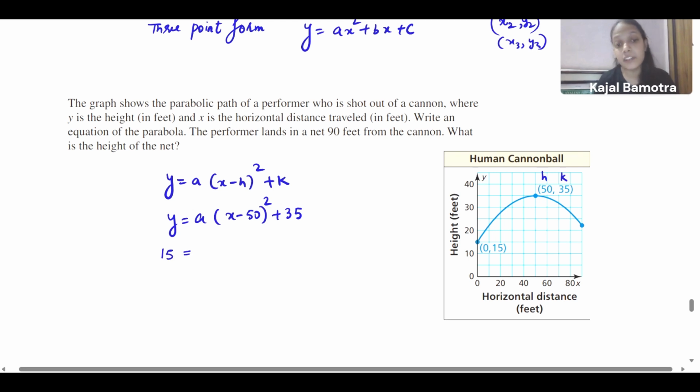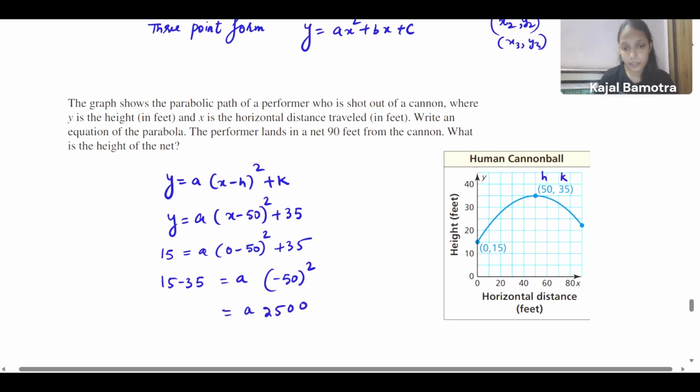Your left side and right side must be equal. 15 equals a times (0 minus 50) squared plus 35. Subtract 35, I will get negative 20 equals a times 2500.